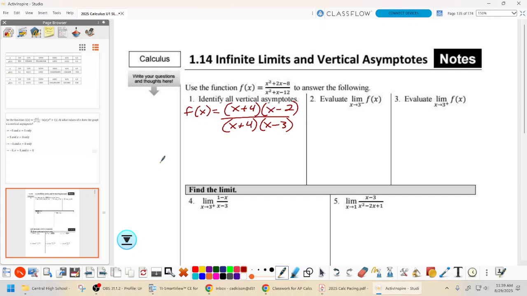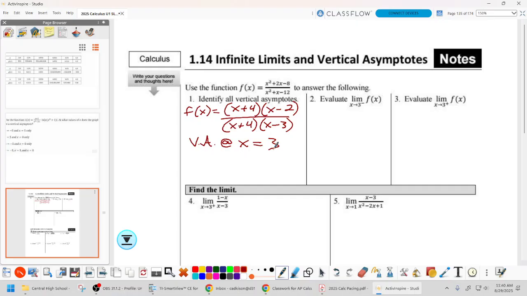Where's our vertical asymptote? At x equals 3. It happened to be the number I made up, I'm not sure why that worked out. So now we know there's a vertical asymptote there.